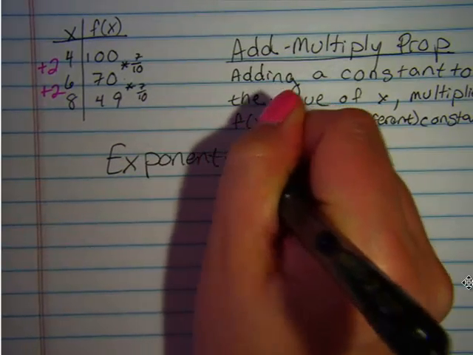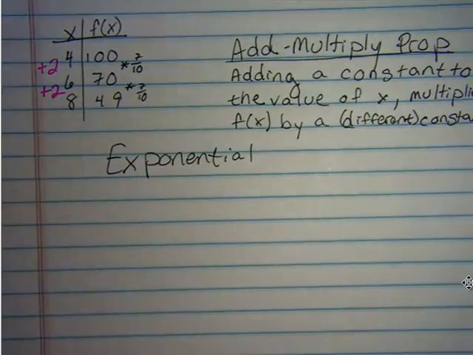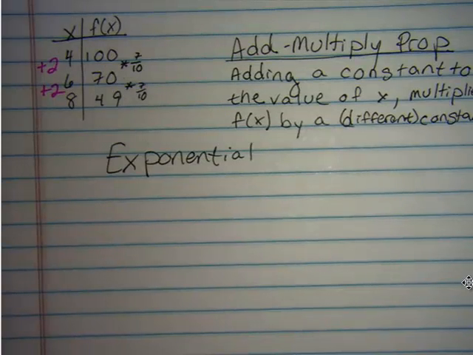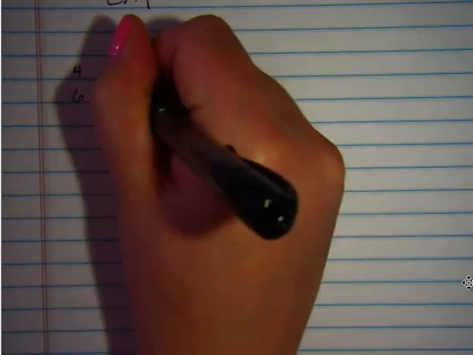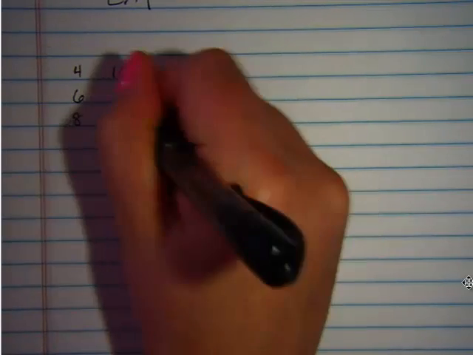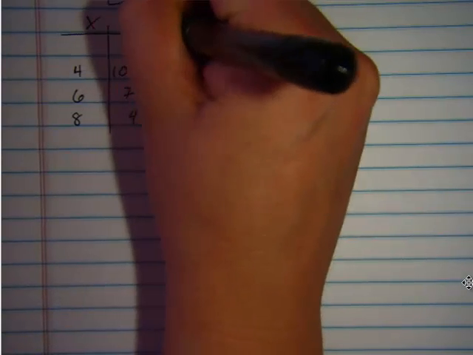Now this happens when we have a list of numbers, so we can figure out what the equation is. So we're going to use a different example. Actually, I'm just going to do this example. And we're going to find the equation for it. Okay. So we've got 4, 100, 6, 70, 8, 49, x, f of x.